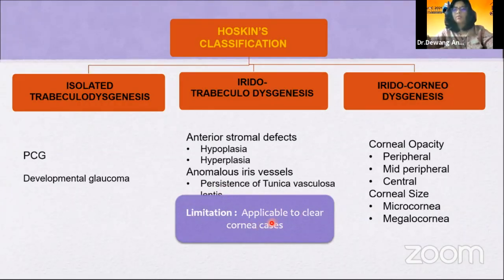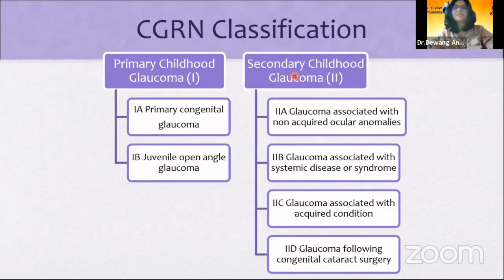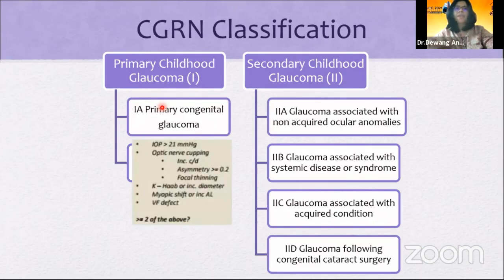So that's what was discussed in the World Glaucoma Association Consensus, where the CGRN classification was proposed, which is the Childhood Glaucoma Research Network classification, which subdivided childhood glaucomas into primary and secondary. The primary group mainly consists of primary congenital glaucoma, for which they have given the criteria as patients having IOP of more than 21 millimeters of mercury, with optic nerve head cupping, an increase in cup-disc ratio, either asymmetry of more than 0.2 or a focal thinning.